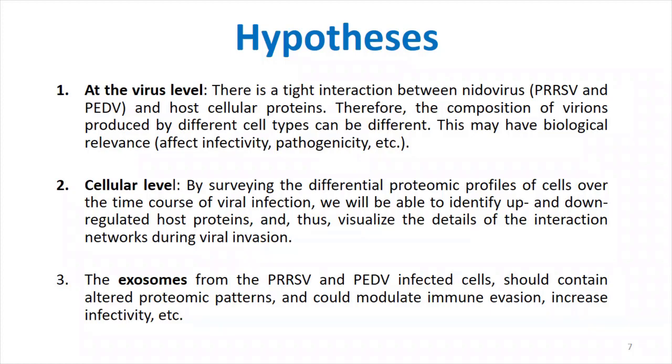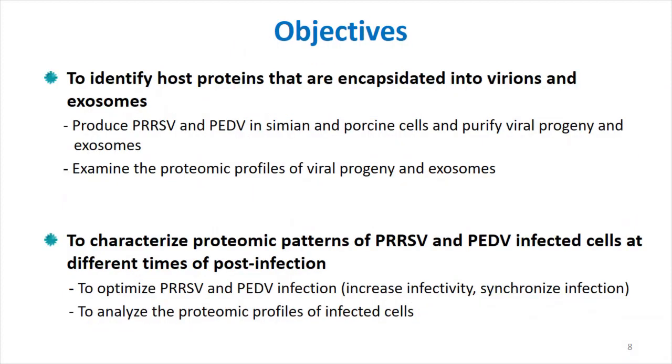And finally, the exosomes, which are also part of this equation. They are produced by infected cells, and there are already at least a few papers showing that their proteomic patterns are different.